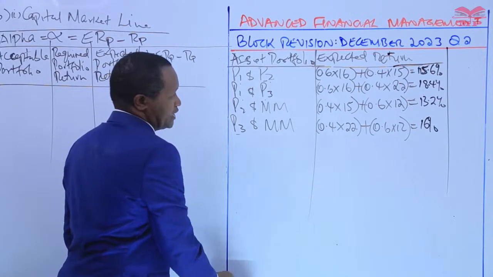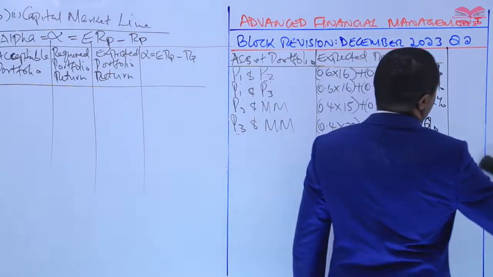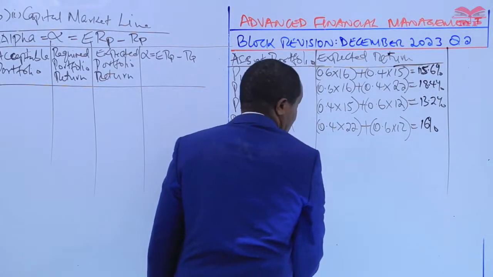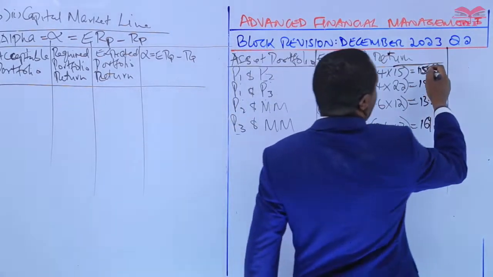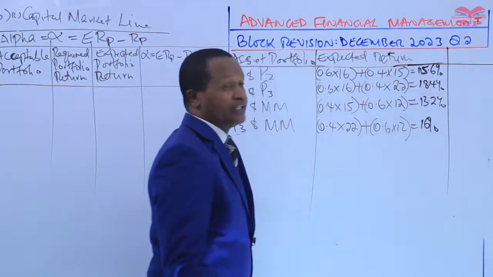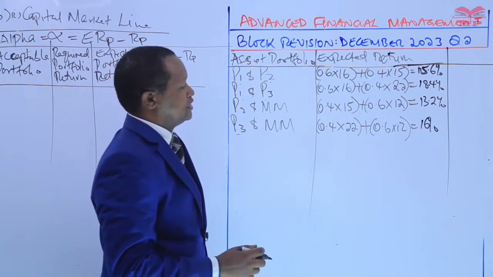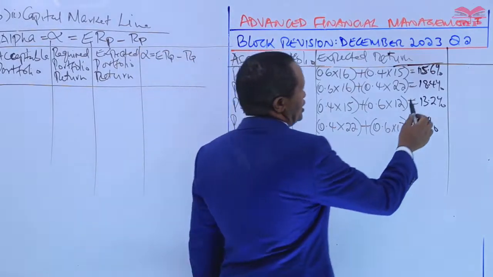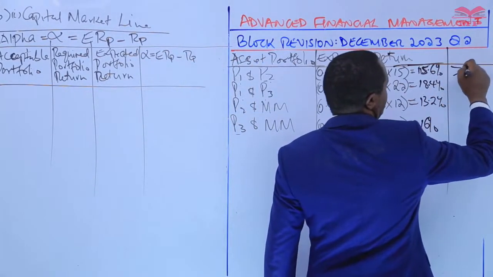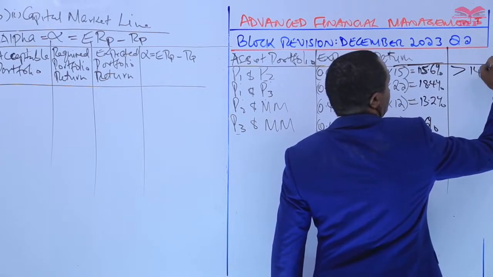So we need to make a decision: which one are we going to analyze? And remember, we say that CML only analyzes efficient portfolios, and the benchmark is the 14%. So you can see this one here, 15.6%, is greater than 14%.